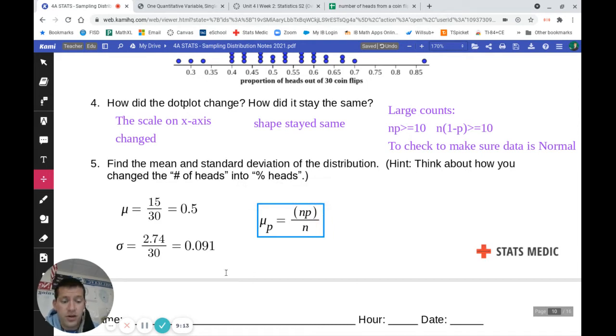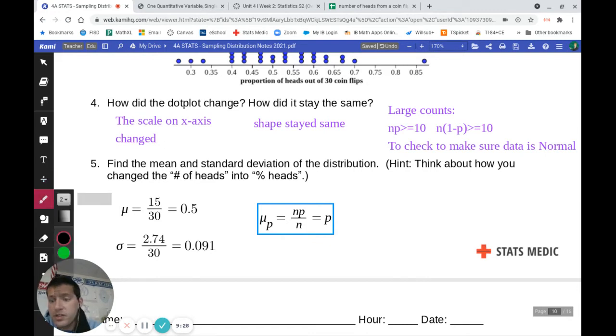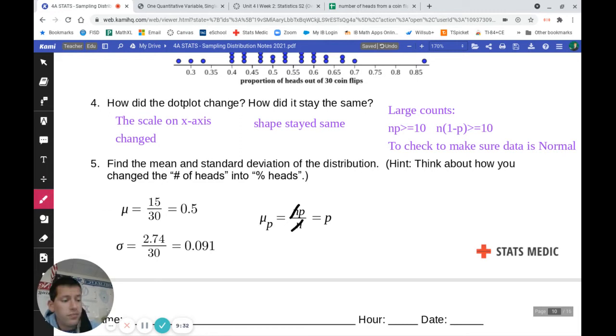If you remember your algebra, when we have n times p on the top and n on the bottom, those are going to cancel each other out, and we're just left with p. We expected that when we flip a coin, there's a 50-50 chance for it to be heads or tails. So we expect to get 50% heads, 50% tails.